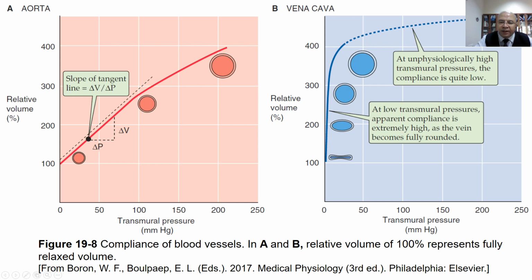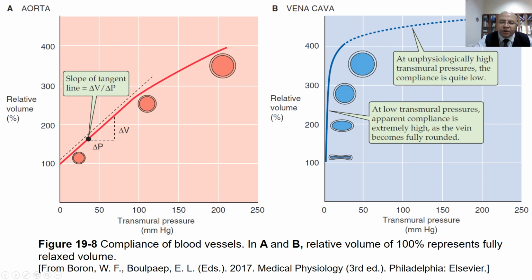So great increase in the volume can be followed in the vena cava, and then it becomes round shaped. After some point it is no longer distensible, okay?